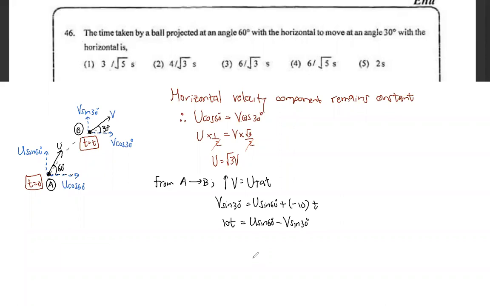Then 10t is equal to u sine 60, that means u into root 3 over 2, minus, for v we can substitute this value. From this we can say v is equal to u by root 3. So u by root 3 into sine 30, that is half.